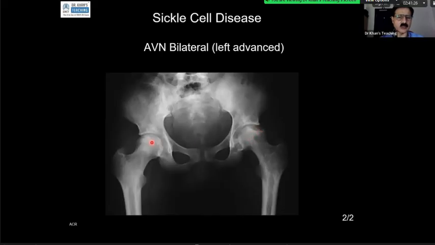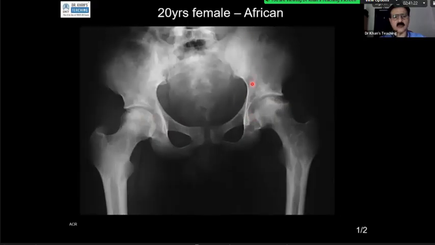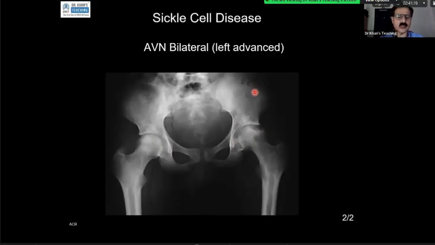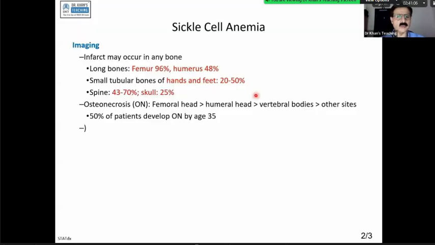The hint here was, of course, that it is not just confined to Africans, but it is more common. The hint is that something is wrong, and this is a case of avascular necrosis.